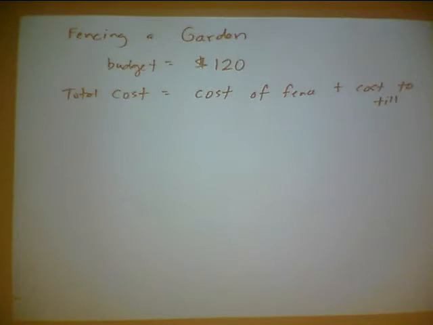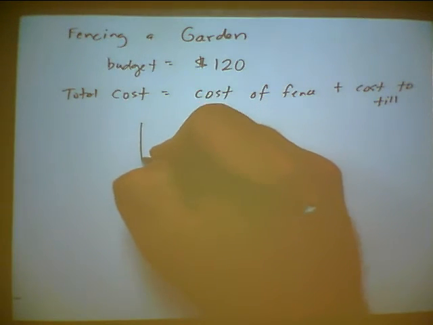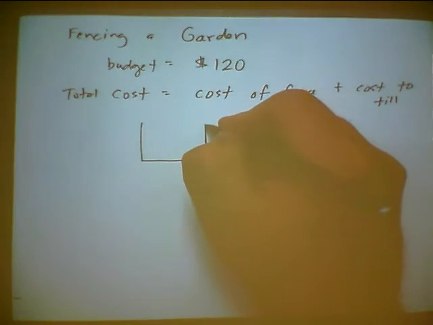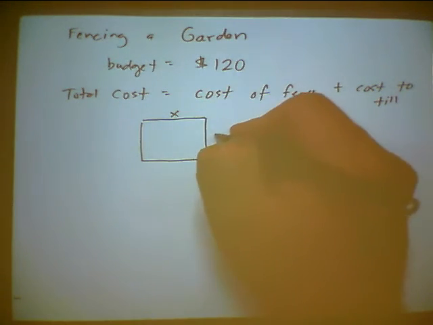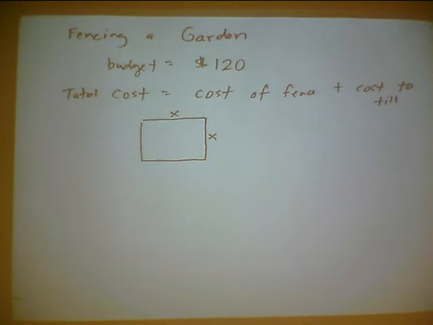Now let's think about it. It's a square garden, so the sides are all going to be the same length.